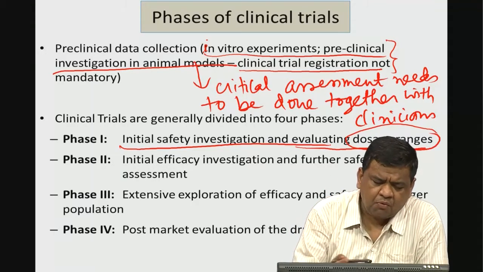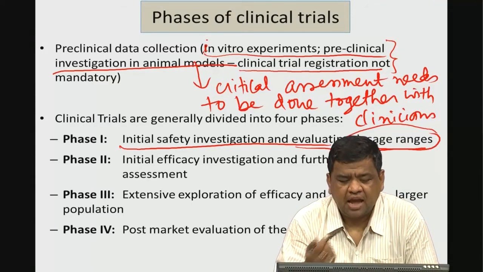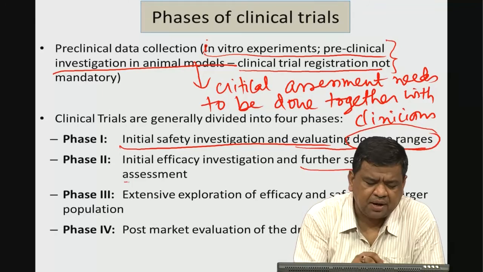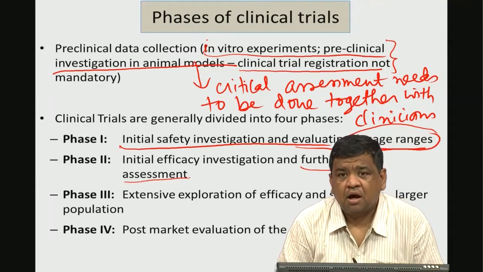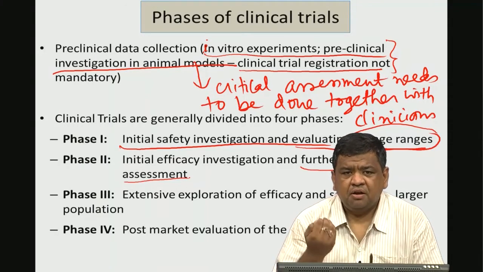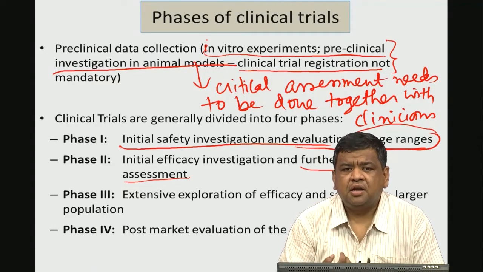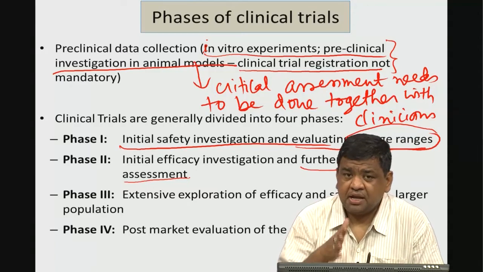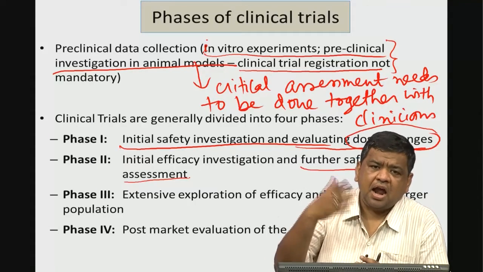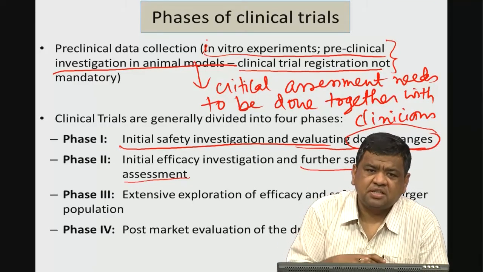Second one: once the phase 1 study is done, then the phase 2 study can be planned, and phase 2 involves initial efficacy investigation and further safety assessment. If we recall our discussion in the last module, I mentioned very categorically that each time a clinical trial enters a higher phase, let us say phase 1 to phase 2, that essentially means more human subjects are involved.